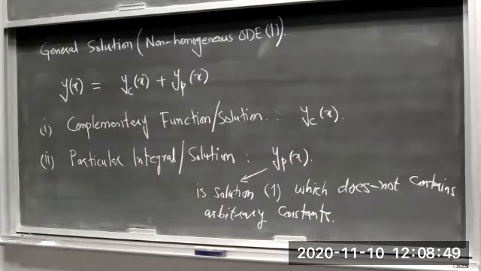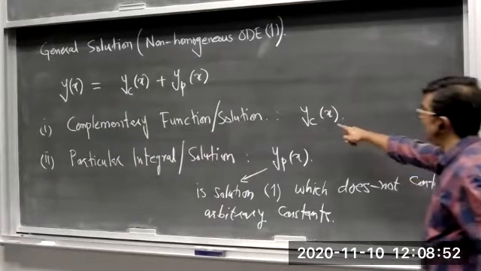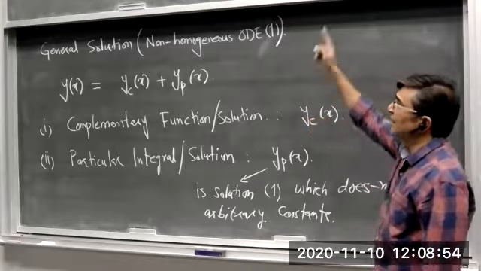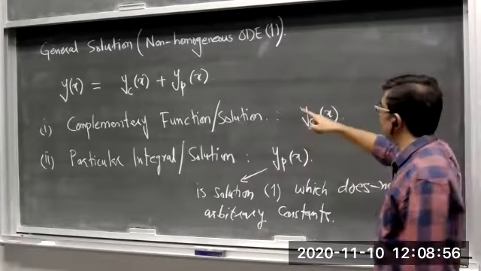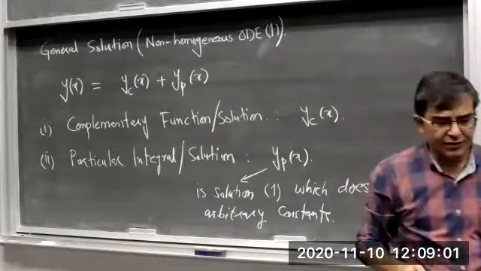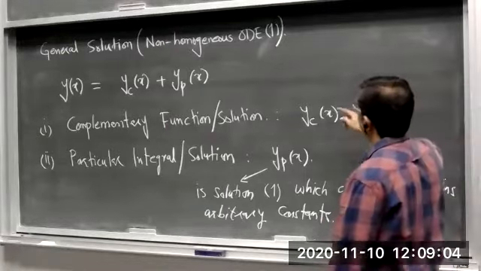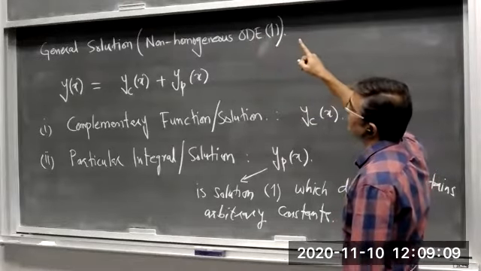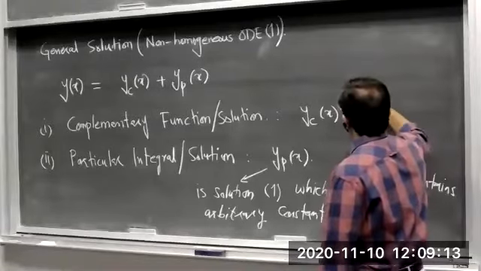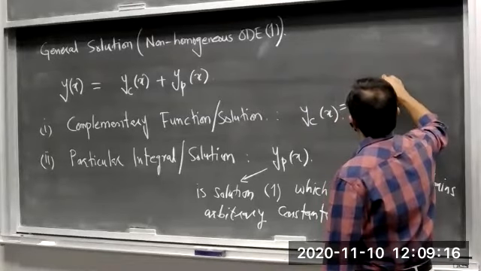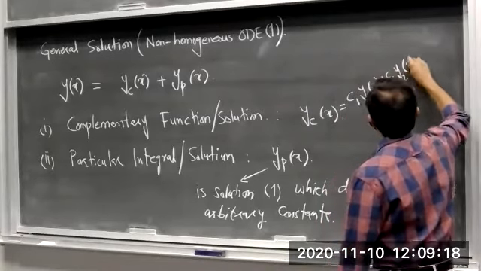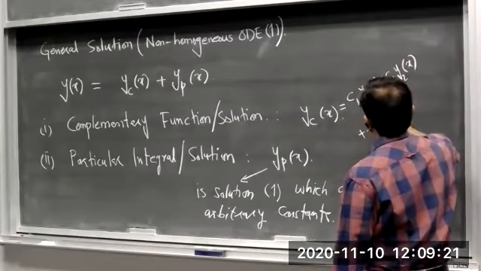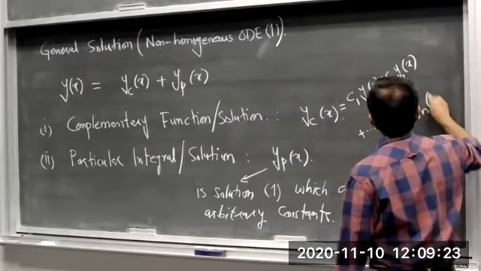Now, further, what is yc? I told you it is the solution of the associated homogeneous differential equation. It is basically the general solution of that ODE 2, which can be written as C1 y1 of x plus C2 y2 of x plus so on plus Cn yn of x.